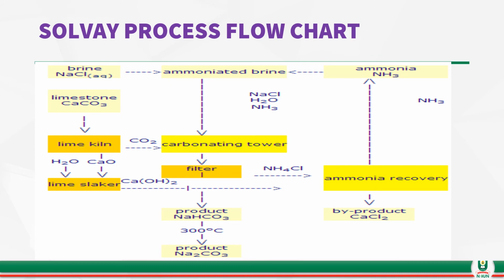Now what then happens is this: the ammonia, which has been dissolved in the brine, then forms ammonium hydrogen carbonate on absorption of carbon 4 oxide. You can see ammonium hydrogen carbonate sometimes written as ammonium bicarbonate.